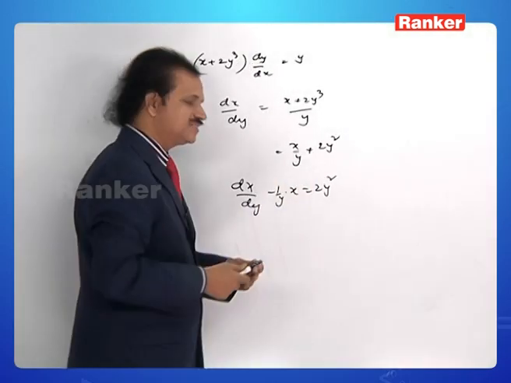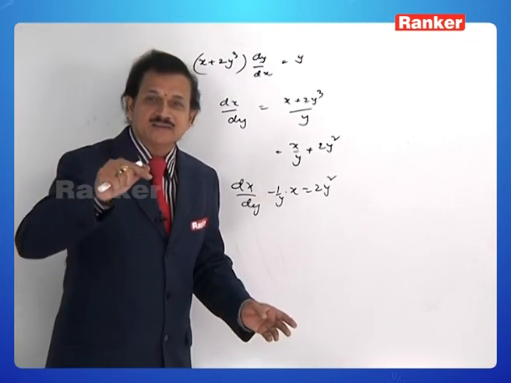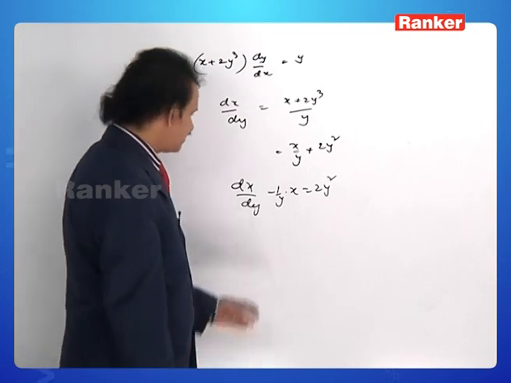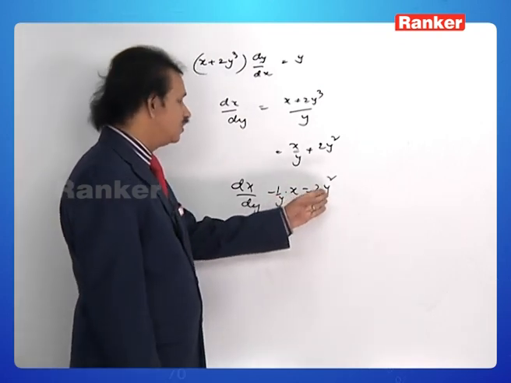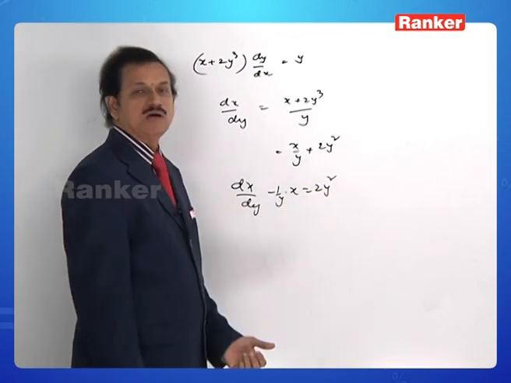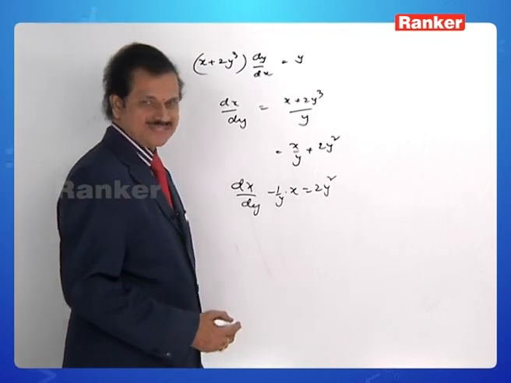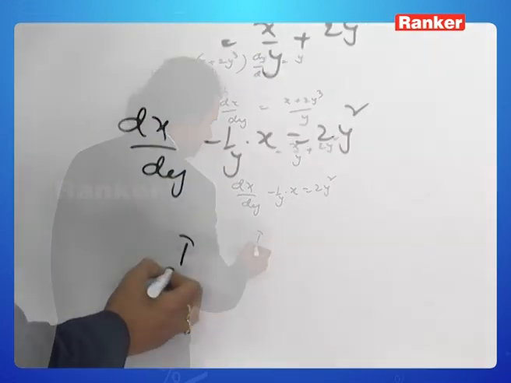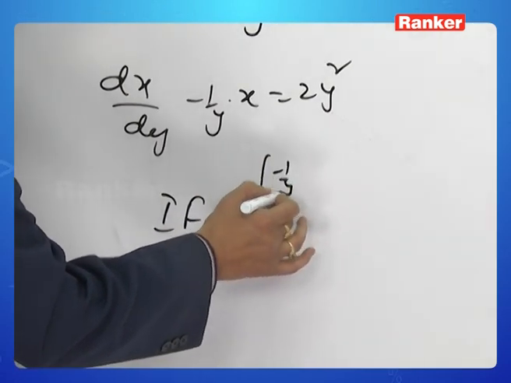Come on, friends, is it linear or Bernoulli? It is directly linear in x but not in y. You can easily observe it is dx/dy minus Px is equal to Q. Both P and Q are functions of y. Well said. This is therefore linear in x. The integrating factor is e power integral P dy.